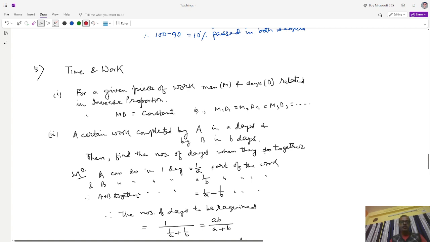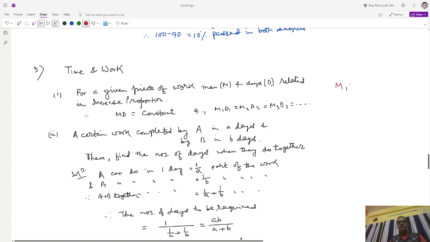Inverse proportion I already told: when the number of men increases, then the number of days will decrease. So M into D is constant. Therefore, M1 D1 equals M2 D2 equals M3 D3 and so on. If we know any three among the four, then the fourth can be found out very easily.